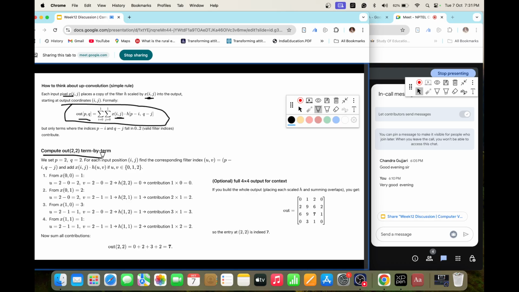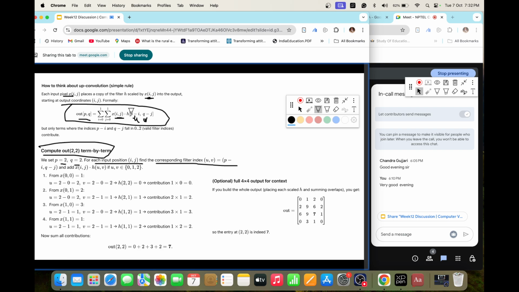So how do we compute the 2 cross 2 term? Very easy, we set p equals 2 and q equals 2, because the output that we have to calculate is 2 comma 2. For each input position, that is i comma j, find the corresponding filter index, that is u v.